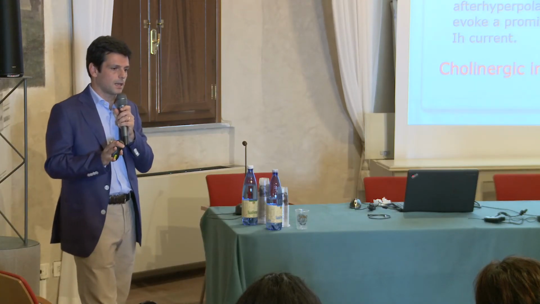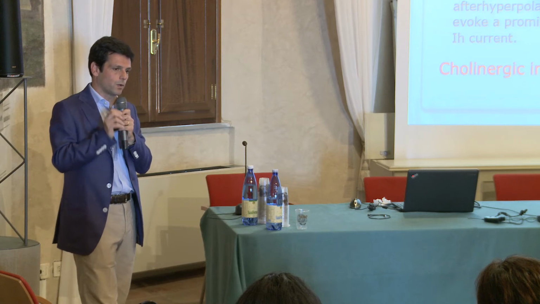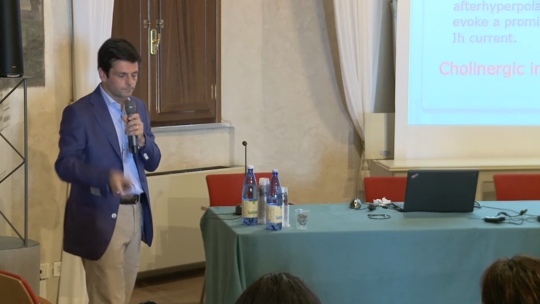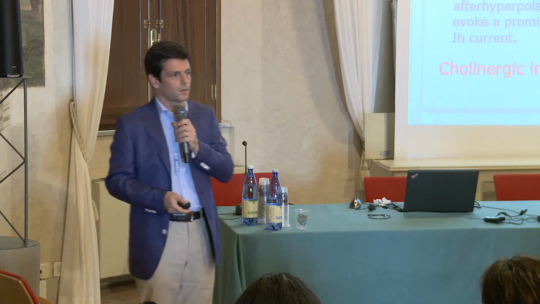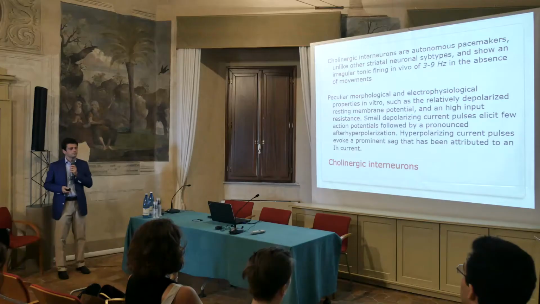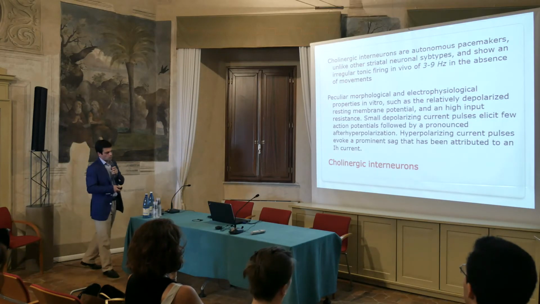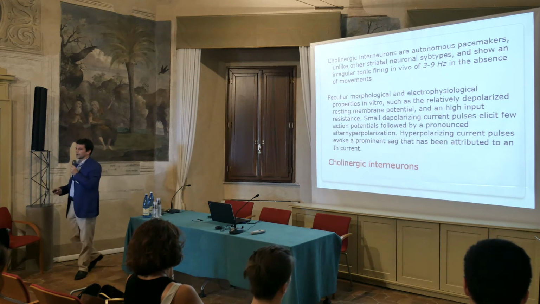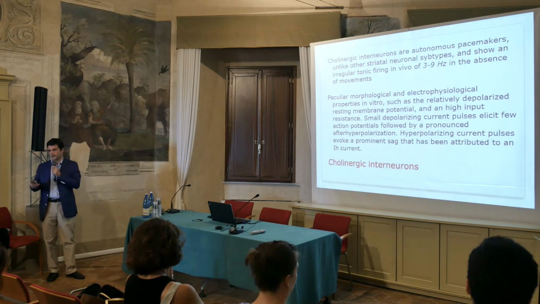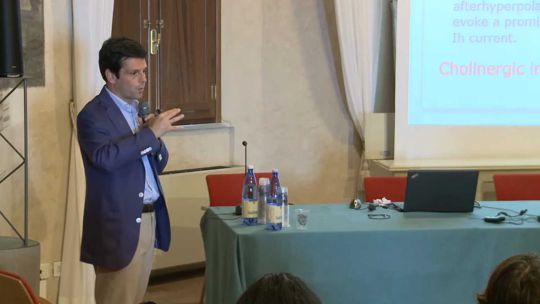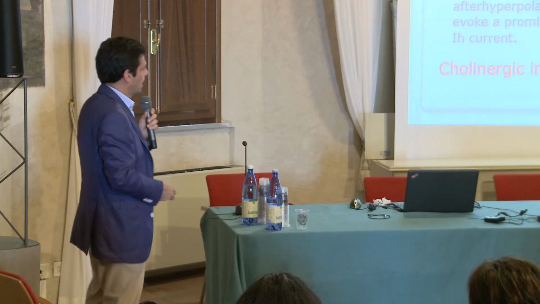It means that they stop firing when they anticipate the reward of a given, this has been shown in monkeys in vivo. So they are thought to correspond to the so-called TANs, the tonically active neurons. These fire spontaneously and then they stop when there is a reward that is coming.